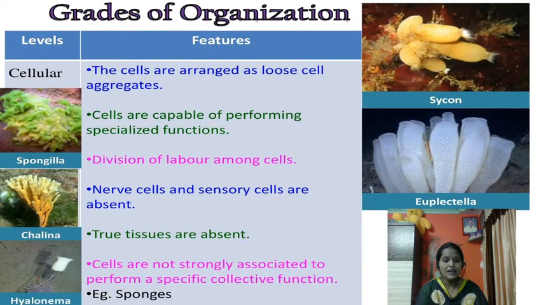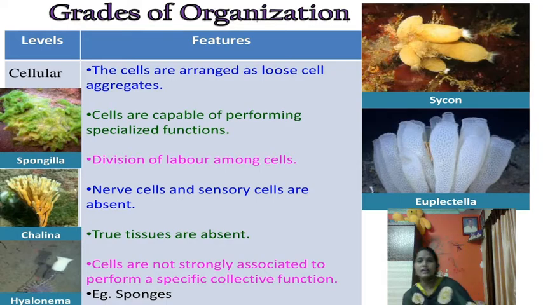Metazoans exhibit a higher level of organization, for example, cellular, tissue and organ level of organization. That means metazoan organisms show three kinds of grade of organization. So the first type is the cellular grade of organization.